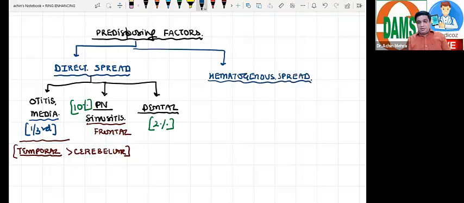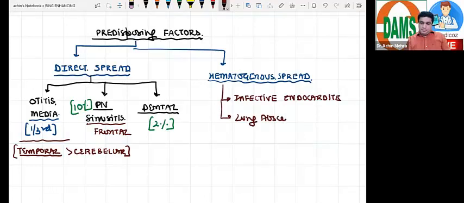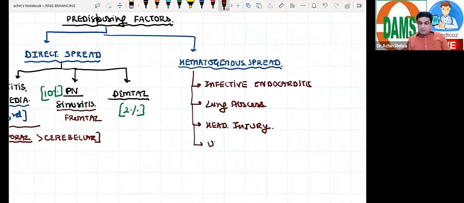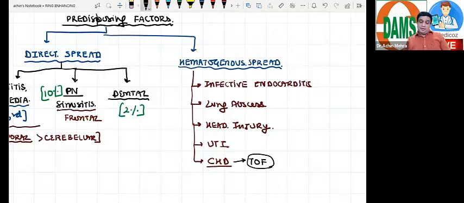When I'm thinking about the hematogenous spread, I have common entities like infective endocarditis, one, the lung abscess, head injury, or any kind of neurosurgical procedure that we have done, even a UTI, or maybe a congenital heart disease. Now, the congenital heart disease that is commonly having this brain abscess problem later on is tough. We should not neglect it.